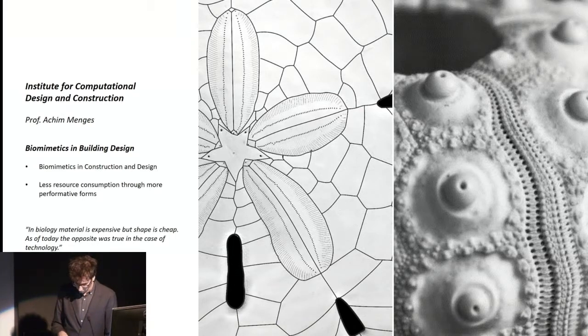I'll go through a few examples that showcase how we're not trying to copy biological shapes. This is not any kind of classical Renaissance idea, but a functional biological research that we are doing.